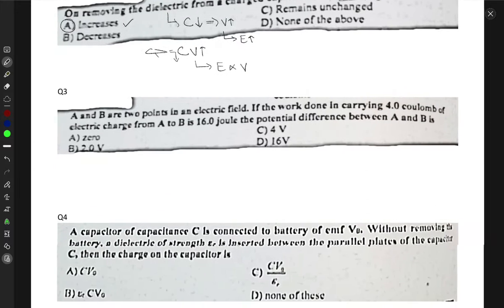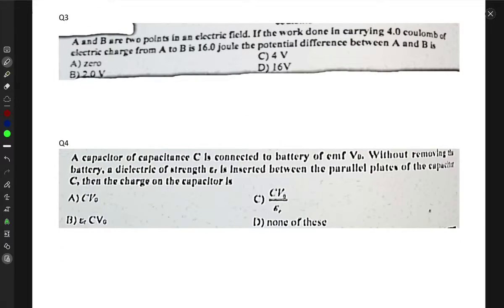Alright, so now let's move on to question number 3. We have A and B, two points in an electric field. Let's try to picture this. We have two points A and B, and there is some region of electric field where these two points are placed.